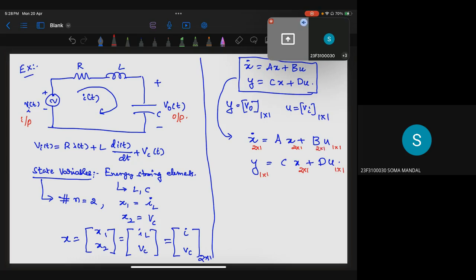It should be 2 by 1, correct? B should be 2 by 1. Then only we will get 2 by 1 here. And this should be 2 by 2. Yes or no? That is basic maths. There is no surprise, basic maths.